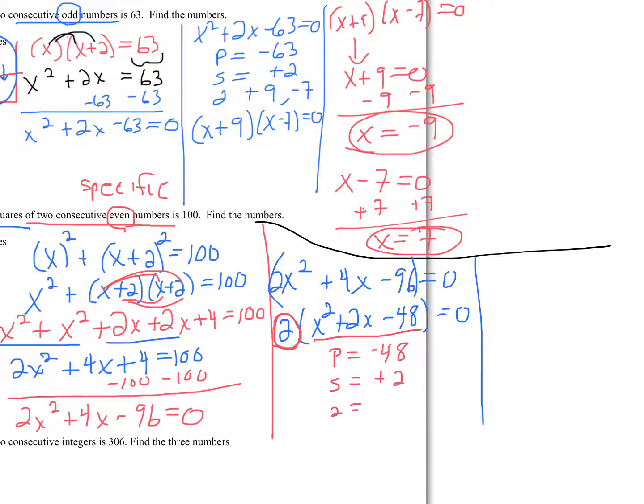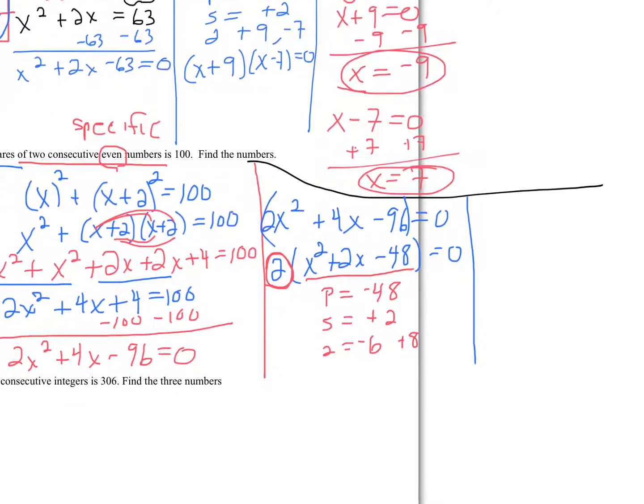So the two numbers that multiply to 48 but subtract to 2 are 6 and 8. I want positive 8 and negative 6. So when we put this all together, 2 is our greatest common factor. We have x minus 6, x plus 8 is equal to 0.